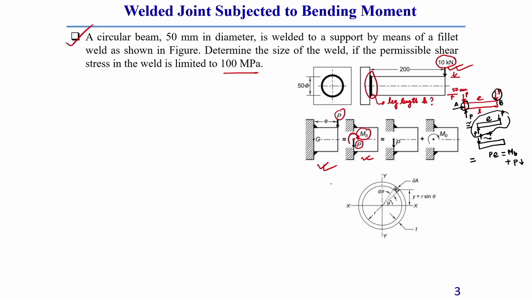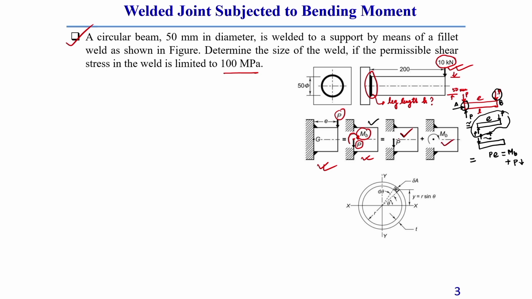So here we have written like this. This couple and force we can separate in this way. I have already shown these things here. There will be a force and there will be a couple.